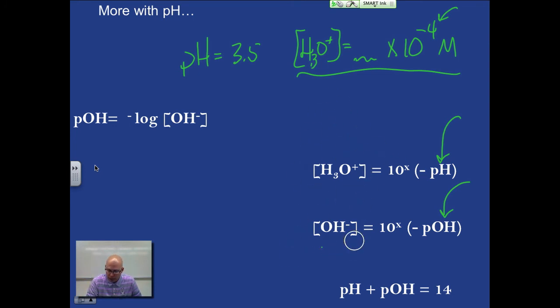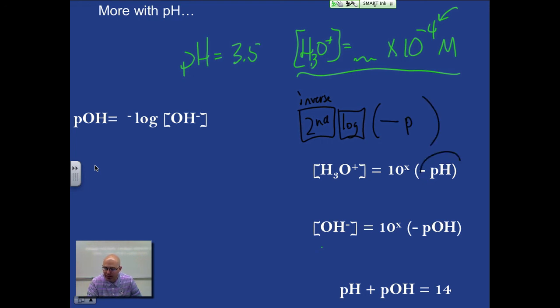All you do is take the second log, the inverse log, the 10 to the x. It's making this number into an exponent. So there's your 10 to the x. So on most calculators, you would type the second, the inverse log, of negative P. And I won't put H because it would be the pH or pOH, the negative P value, okay?